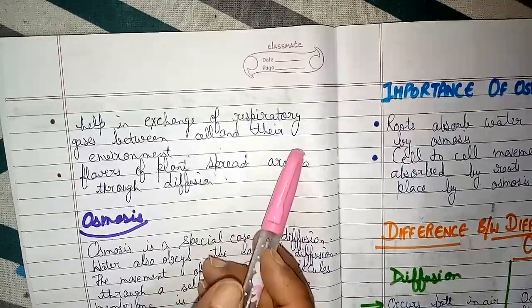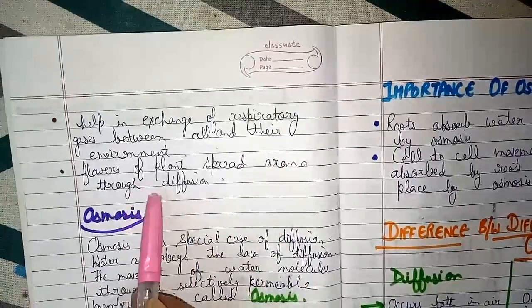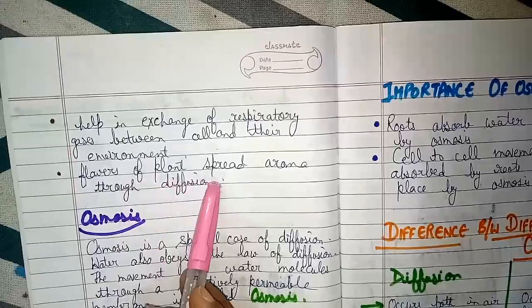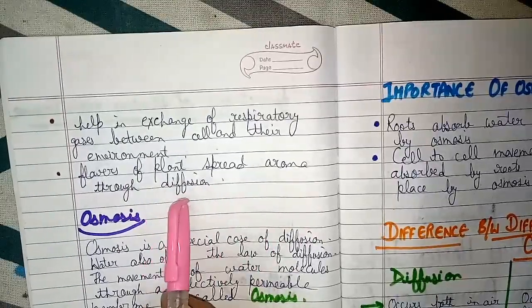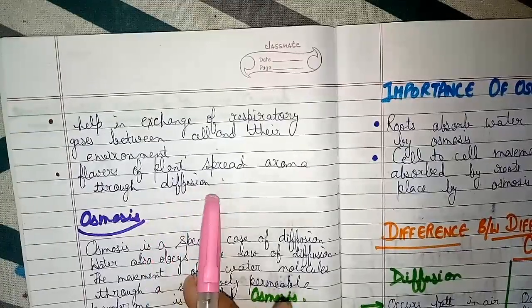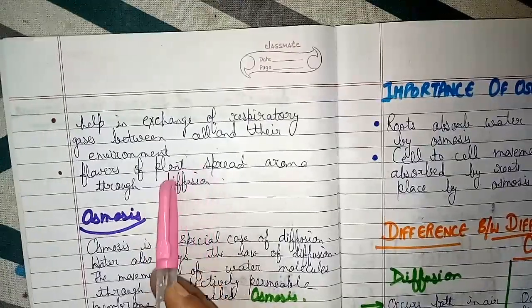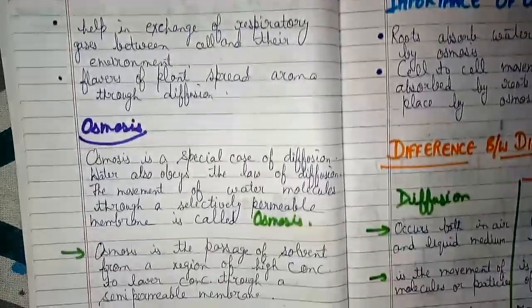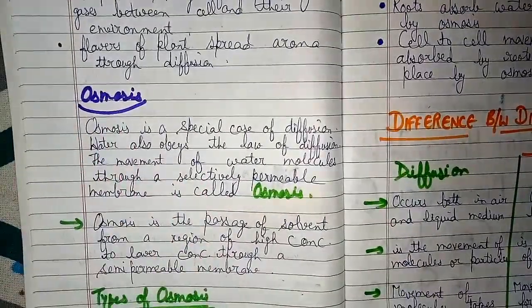So this is also due to diffusion. Third, flowers of the plant spread aroma through diffusion. We get the fragrance of a flower from a distance also, and that is due to diffusion. The second process is osmosis.